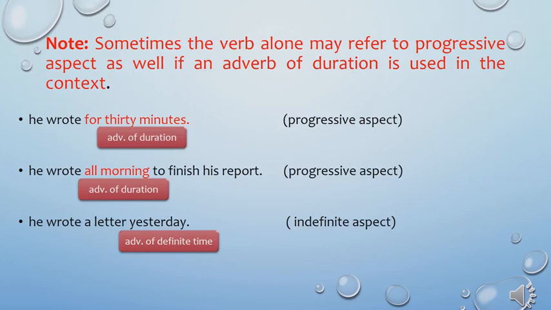So just in case we have an adverb of duration in the sentence, when we have a verb alone in simple tenses, we can say that the aspect is a progressive aspect. Otherwise, if we have adverbs of definite time, in this case, the aspect is a simple or indefinite aspect.